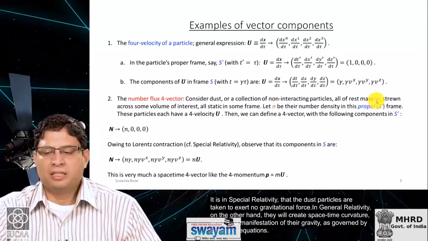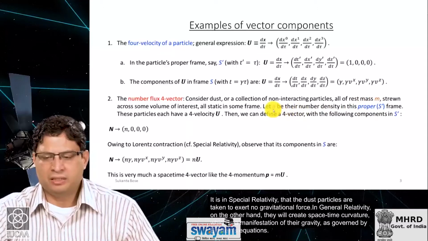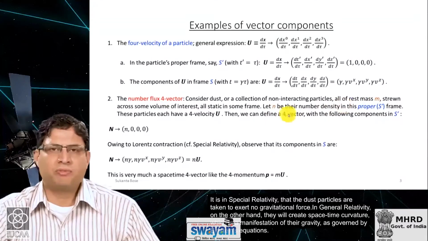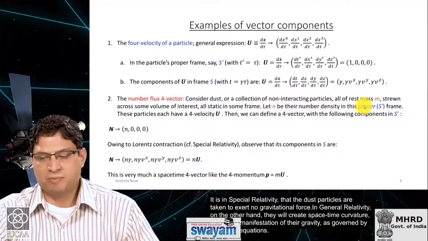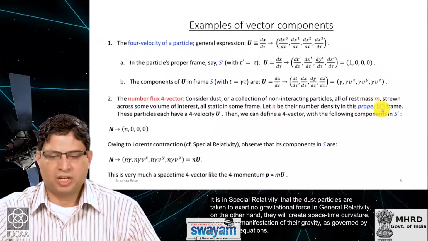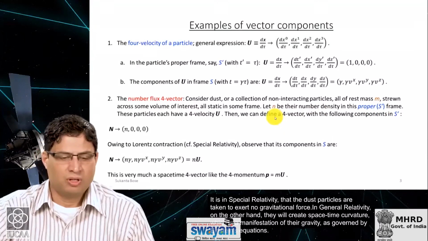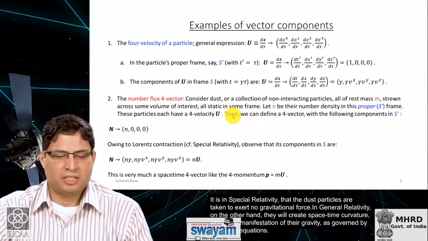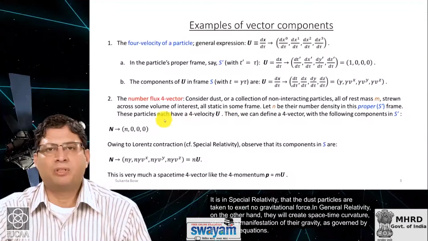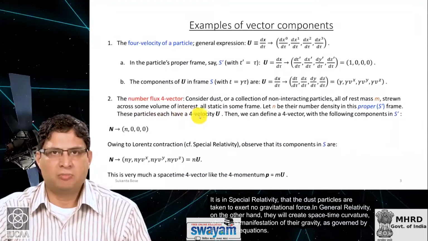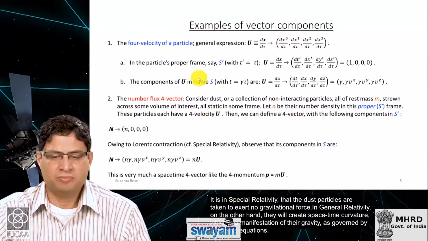Then the number density n in the proper frame of these particles, which is the S prime frame, can be useful to define another 4 vector, and that is as follows. These particles each have a 4 velocity u, like this single particle we just illustrated earlier.